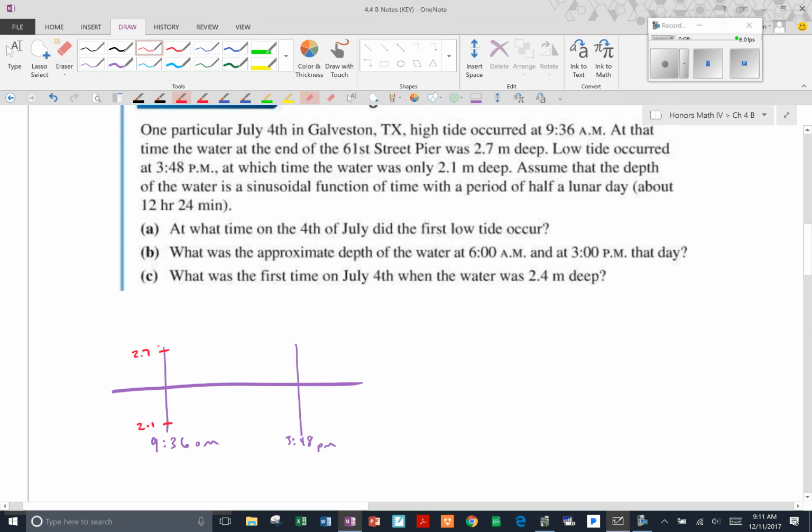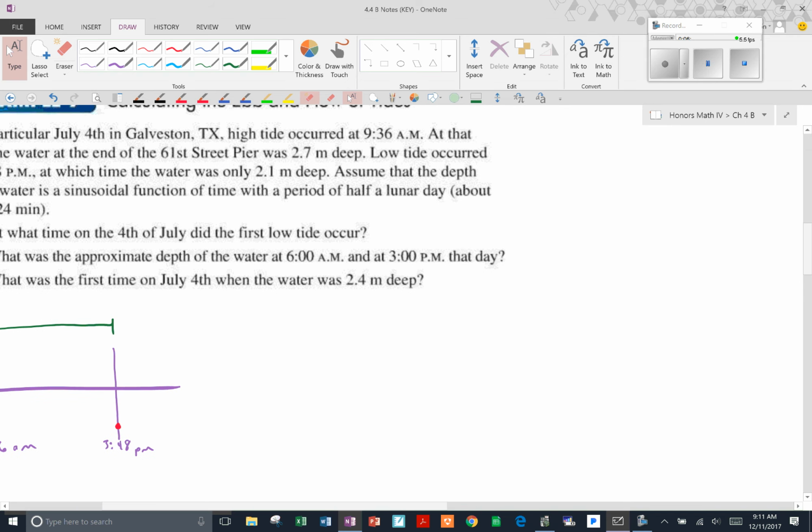So we have high tide occurring at 9:36 a.m., low tide occurring at 3:48 p.m. How many hours have gone by between those? Well, actually, before we do that, let's turn those into decimals, because we're gonna let midnight be x equals 0.